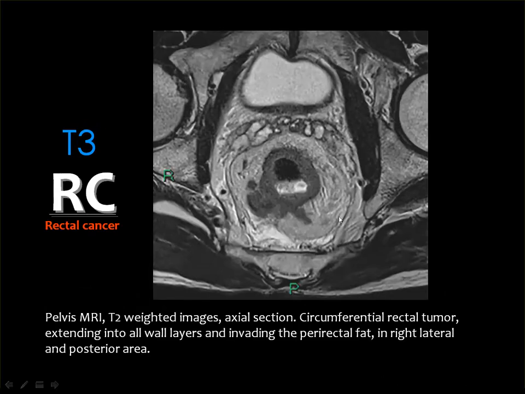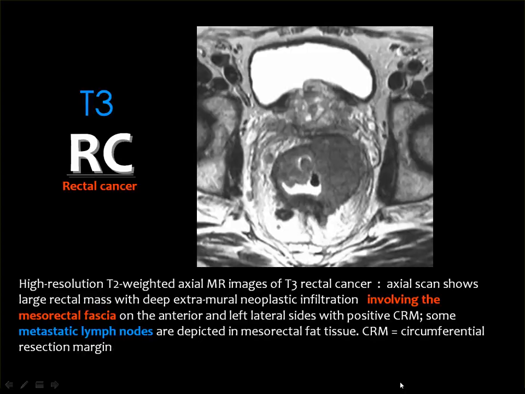Another example of stage 3 tumor, with a significant lesion that has invaded the mesorectal fat, and there is also a lymph node adjacent to the tumor. In this case, you want to measure the distance between the tumor and the mesorectal fascia, which is helpful, as I mentioned, as a predictor for tumor recurrence.